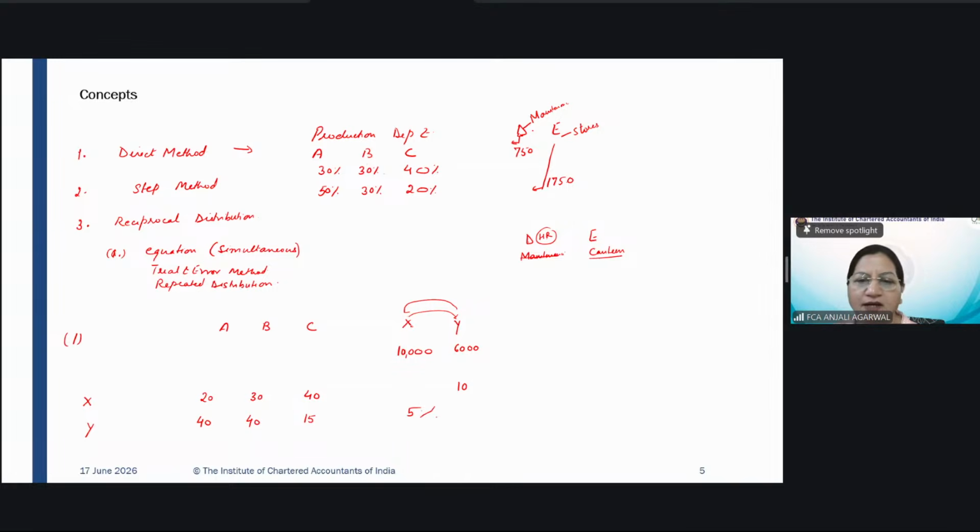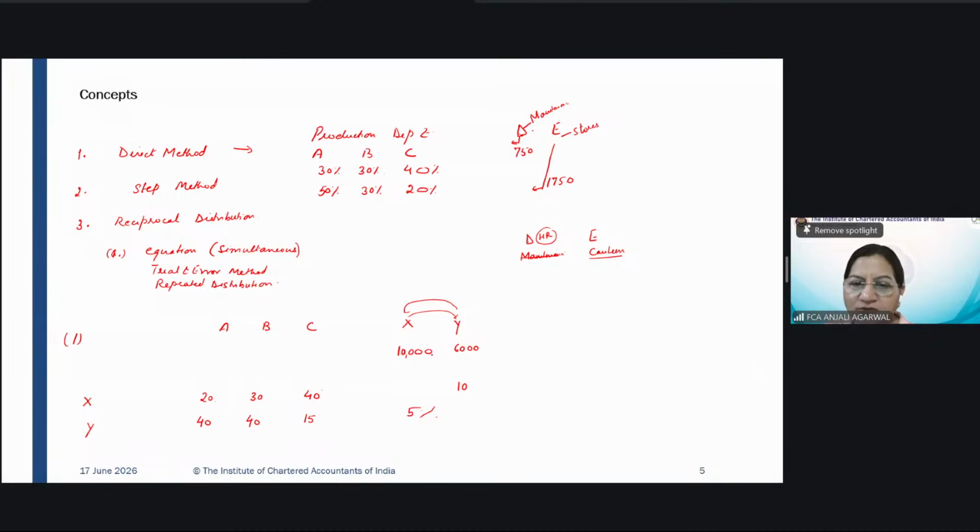So this means the benefit of X of 10,000 has gone to A, B, C, and Y. And the benefit of Y has gone to A, B, C, and X. So when you distribute the 10,000 amongst these departments, you will not just distribute it to A, B, C, but you will also distribute it to Department Y. Similarly, when you distribute the expenses of Y, 6,000, you will not just distribute to A, B, C, you will also distribute this to X.